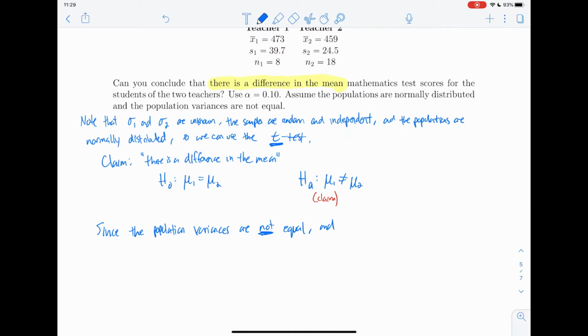So we're going to say, since the population variances are not equal and the smaller sample size is N1, which is, of course, 8, we have that our degrees of freedom are N1 minus 1, which is, of course, 8 minus 1, which is a 7. So now we know what our degrees of freedom are.